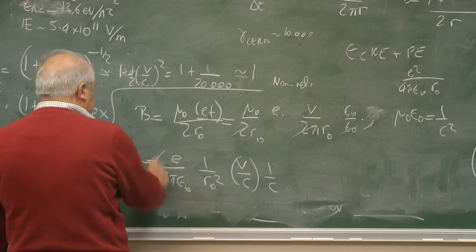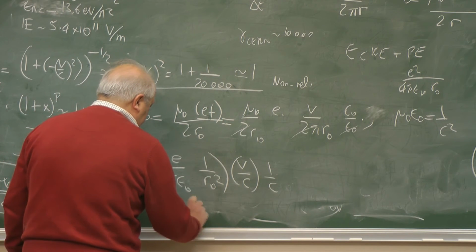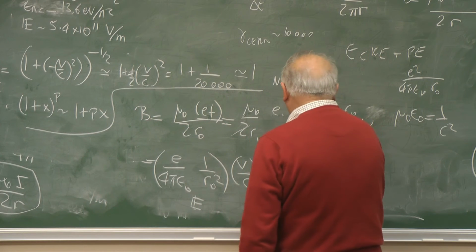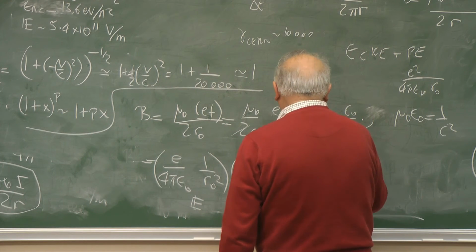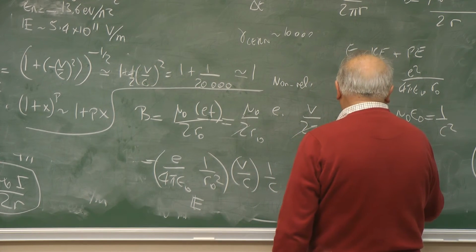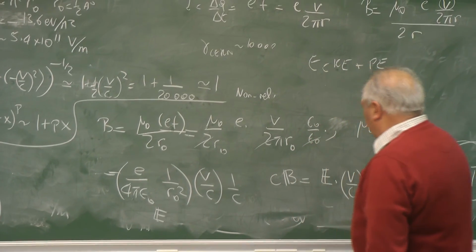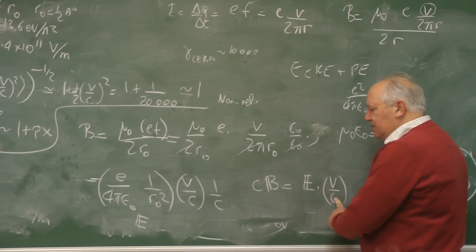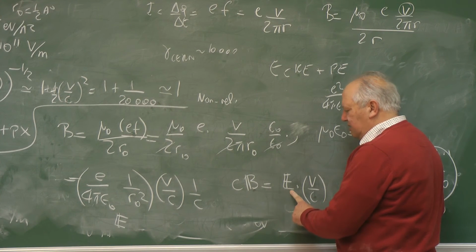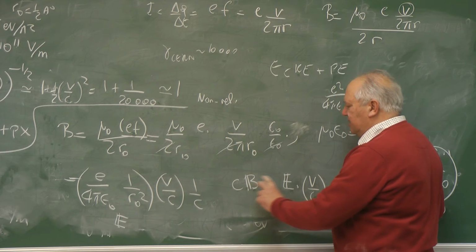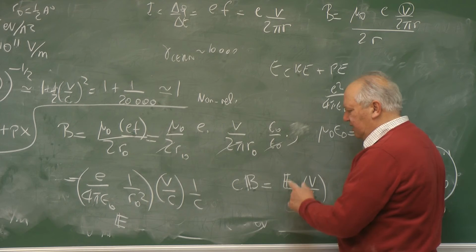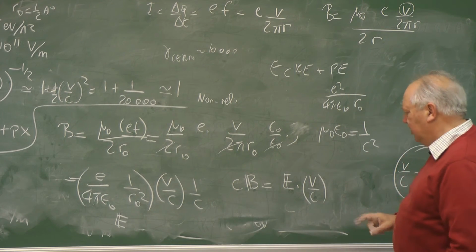If you notice, this is just the electric field. Or another way of writing this formula is CB is equal to E times V over c. Now, V over c is dimensionless. In the MKS units, B does not have the same dimension as E. But CB has the same dimension as E. CB is in volts per meter, because electric field is in volts per meter.